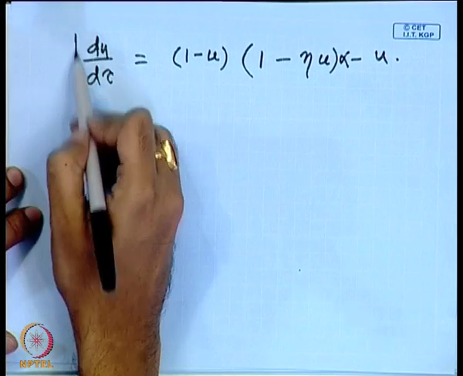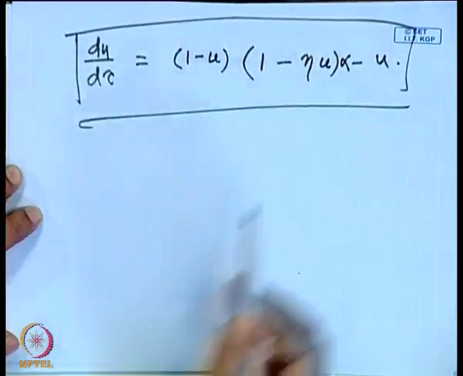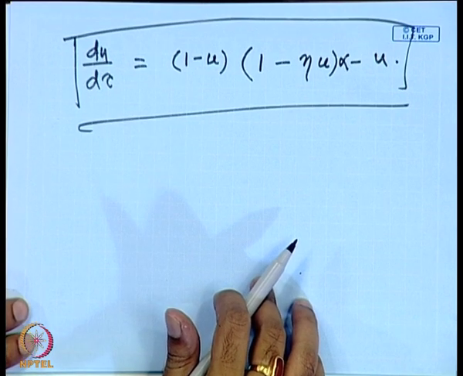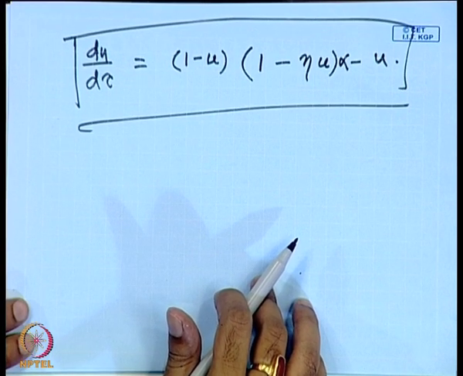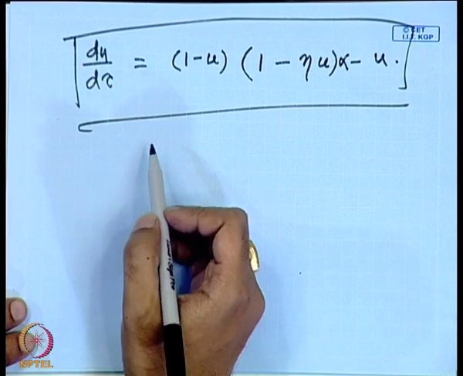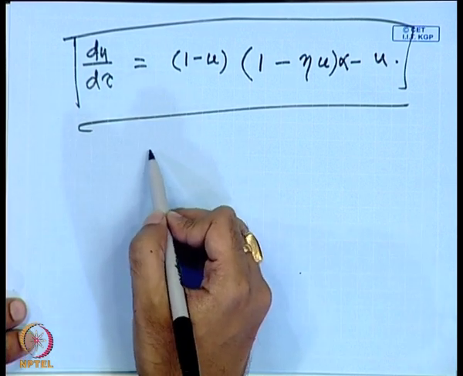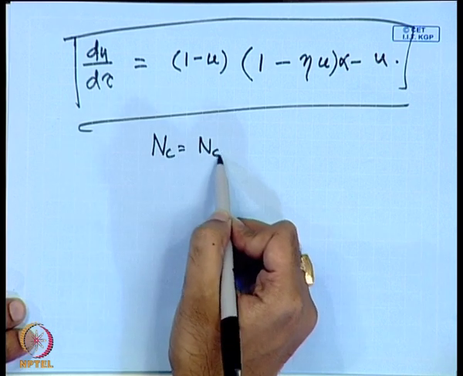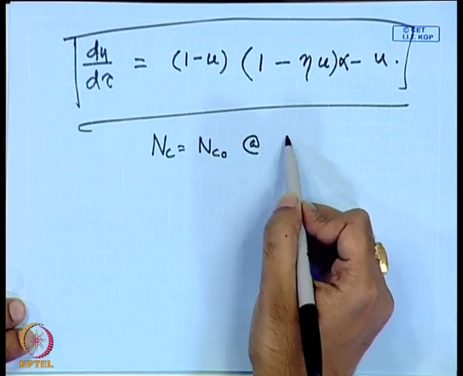Okay. So this is a basic equation and I now need to solve. What are my initial conditions? My initial condition earlier was that NC equals NC naught at t equals 0.